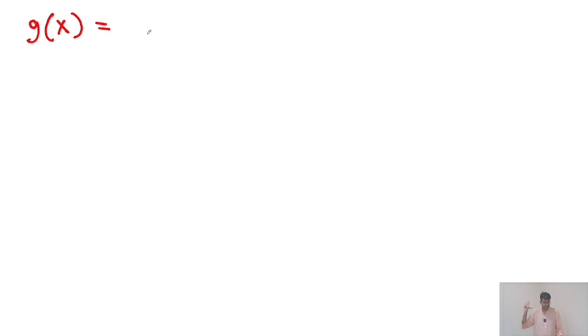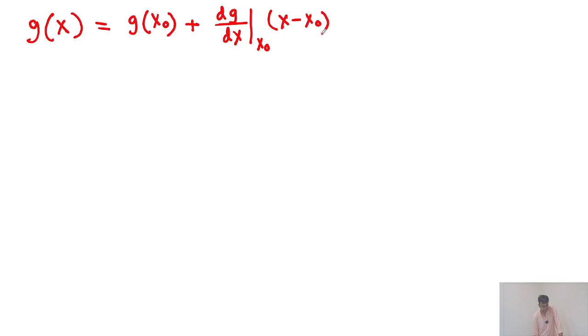Forget about x being a vector. G of x is equal to G of x naught plus G dash, which is dg/dx evaluated at x naught, multiplied by x minus x naught, which is like the h, the difference. This is the first order Taylor series, with a single variable.